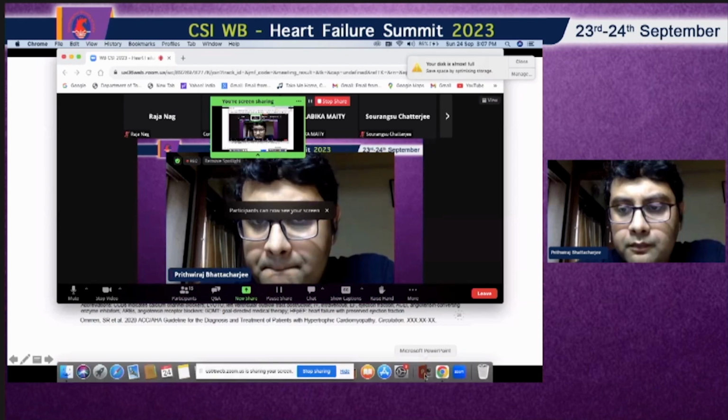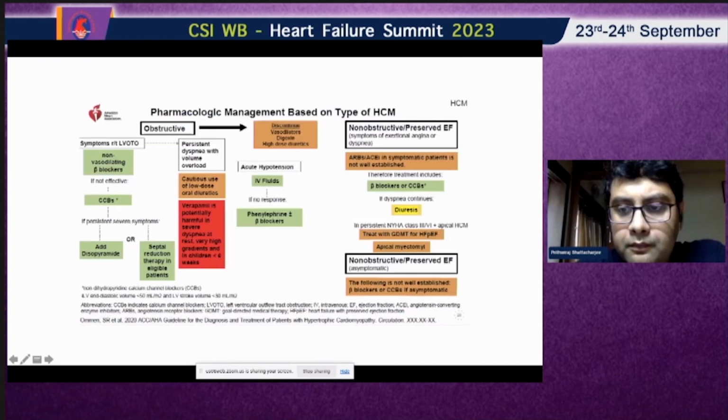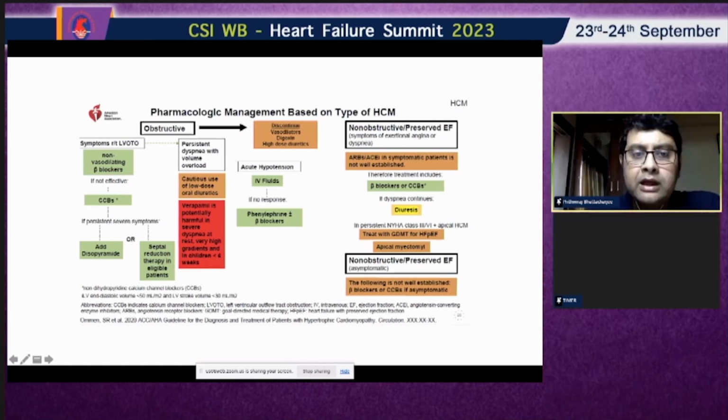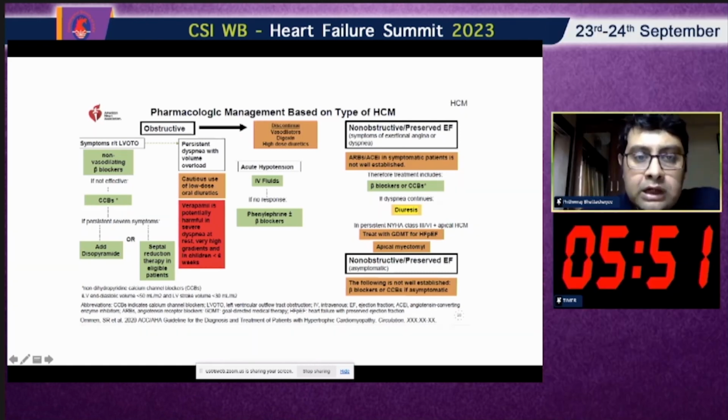So the LVOT obstruction we are talking about: if the LVOT obstruction is present with dyspnea and volume overload, we can use a low dose of diuretic for symptom relief. And verapamil is potentially harmful in severe dyspnea at rest, very high gradients, and in infants less than 6 weeks of age. And we must discontinue vasodilators, digoxin, and high-dose diuretics in obstructive patients.